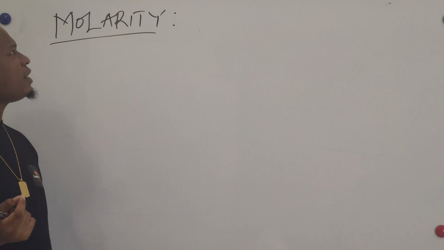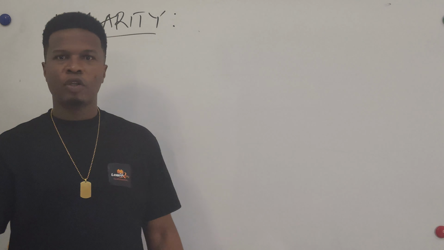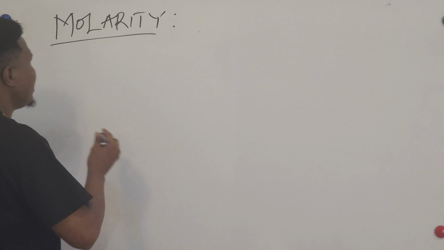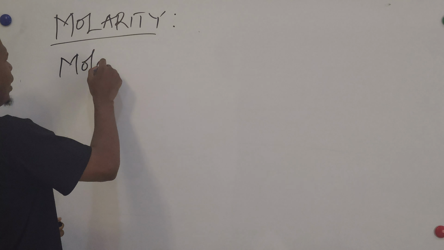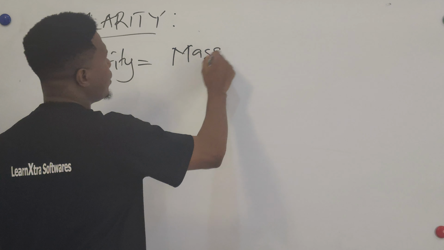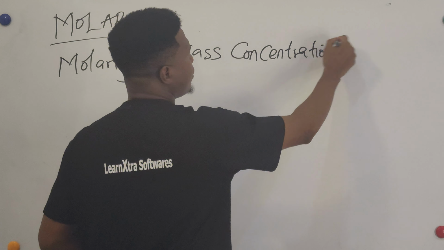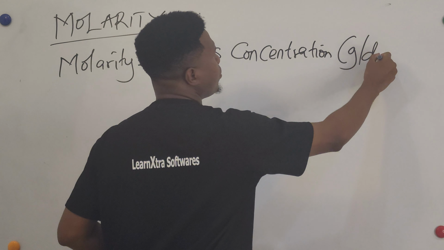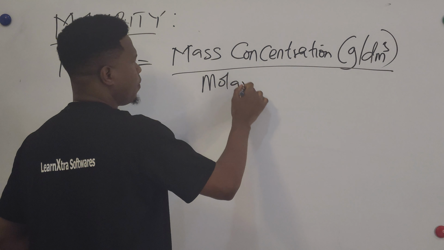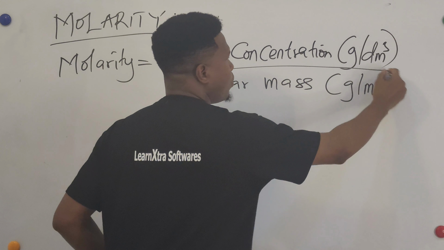Also, this molarity can be calculated from knowing the mass concentration of any solution and the molar mass of the compound involved. Mathematically, molarity is given as mass concentration, which is usually in gram per dm cube, divided by the molar mass, which is in gram per mole.